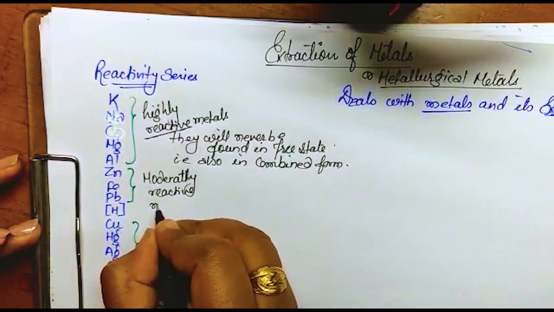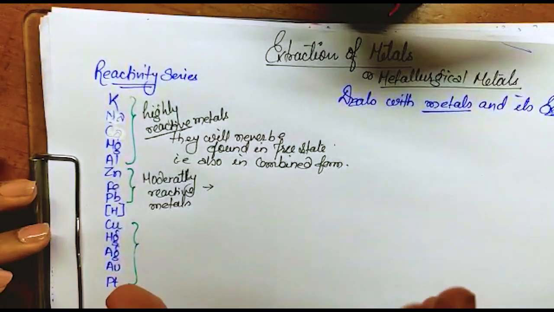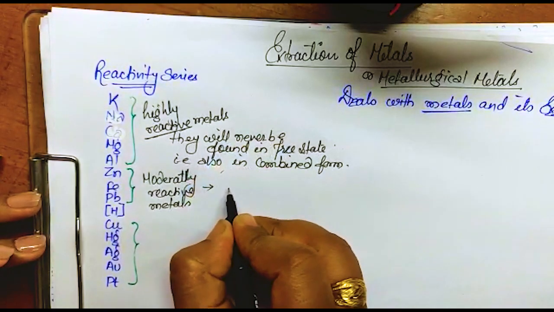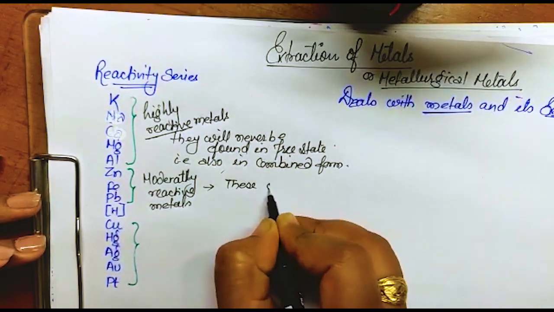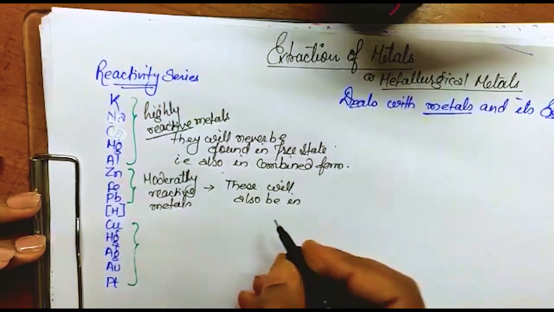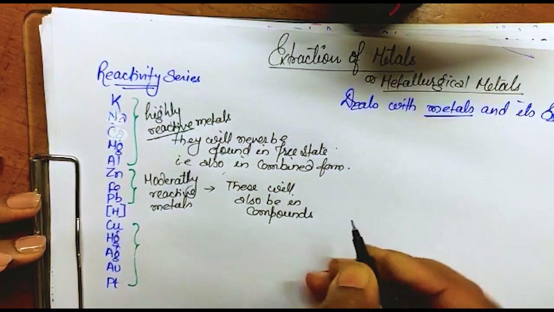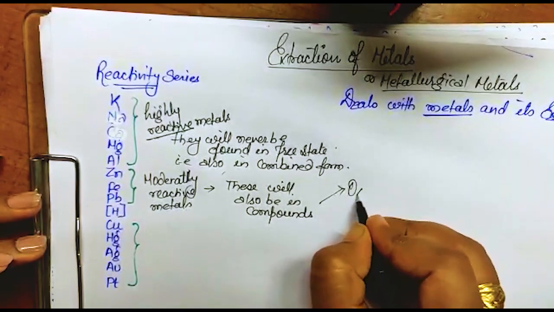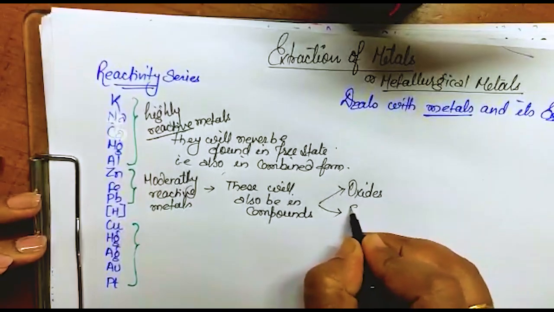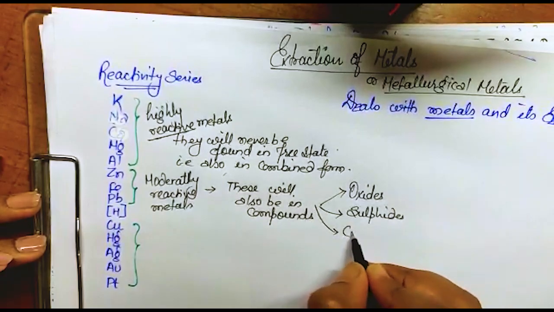These metals will also be in the form of compounds, and those compounds will generally be of 3 types: either oxides, or sulfides, or the third one, carbonates.